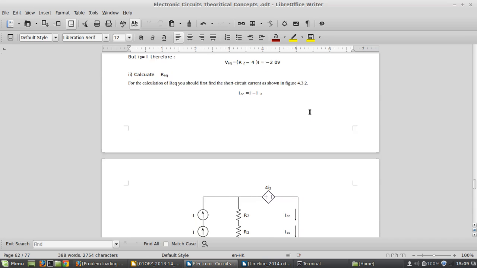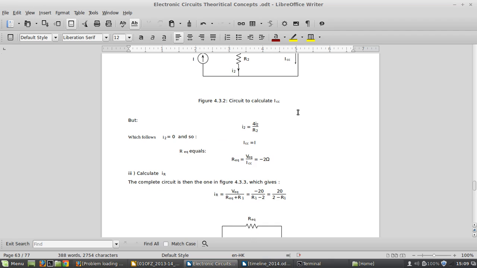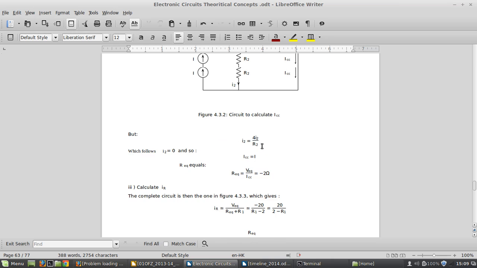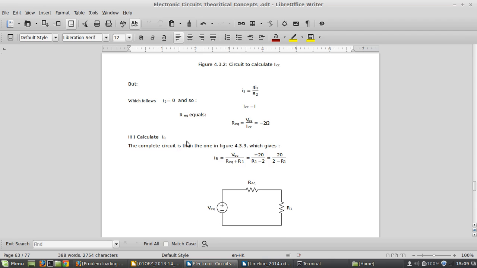You can check the diagram to calculate it.